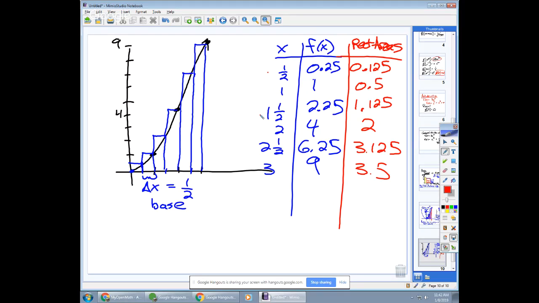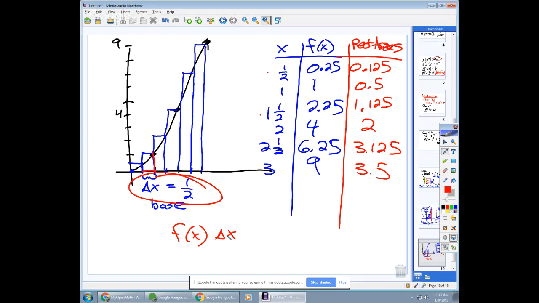Each of these function values is the height, and the width of every single rectangle is 1/2. I'm not multiplying by the x value. So what I'm doing for each of these, I'm taking the function value and I'm multiplying that function value every time by delta x. So every time I'm just multiplying by 1/2. In the previous example, I multiplied by 1 all the time.